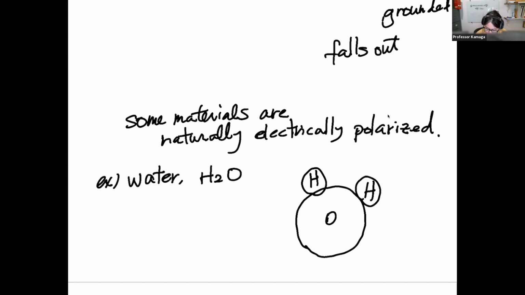You have little ears. Each H has a plus, and then O has a 2 minus. They share the electrons, 2 minus and 2 plus. So you see that there is going to be a positive on one side and a negative on the other side, and it has some spacing in between.